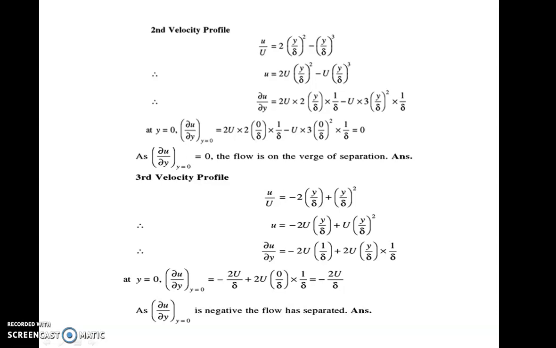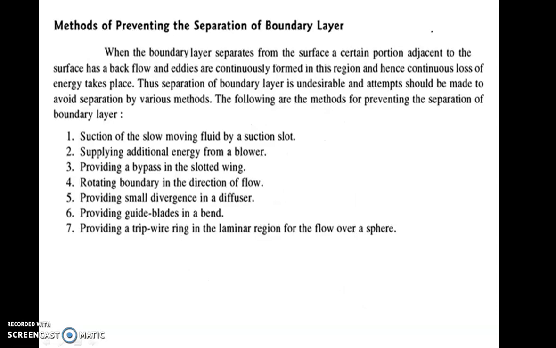So there are some methods for avoiding the separation of the boundary layer. Why is separation not required? If there is a separation, then you will see that there is a backflow and eddies are continuously formed in the region, and that disturbs the motion of the solid body, and hence continuous loss of energy also takes place.